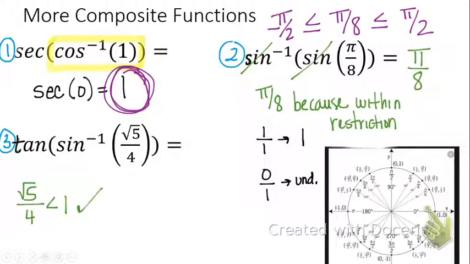So because it's less than 1, let's go ahead and make our triangle and find our missing side. So we're going to create our triangle. Sine is opposite over hypotenuse. So the hypotenuse is 4, and opposite is the square root of 5. Let's find our adjacent.